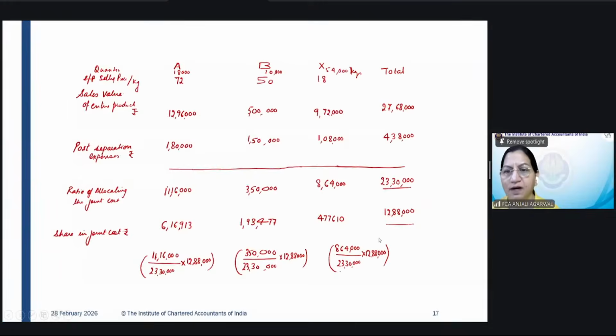That's why after split off point when we have taken, it is bearing higher cost. Okay. So like I said, net realizable value would be one of the best methods because net realizable value also ensures that you are somewhere taking into consideration all the aspects like what is the profit, what is the post separation cost, and everything.